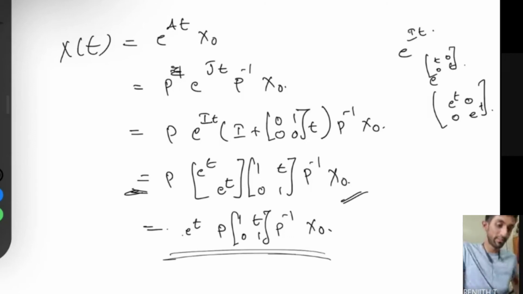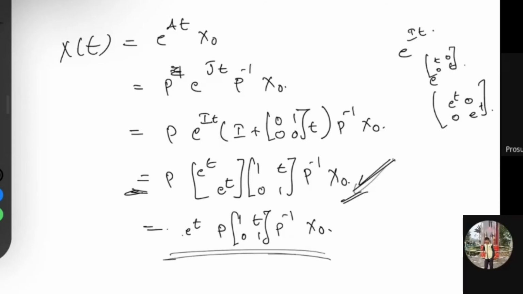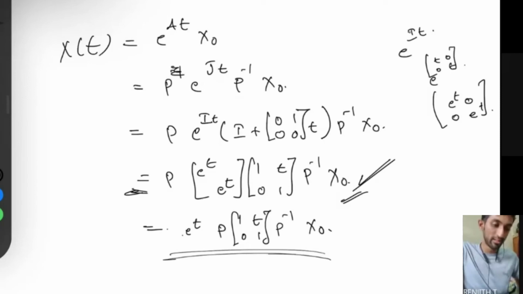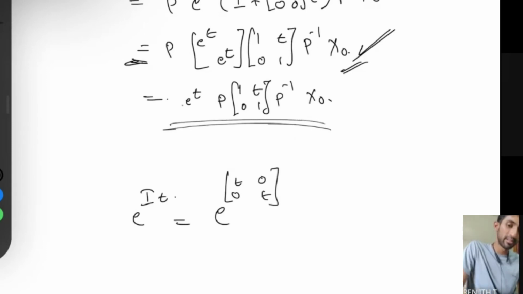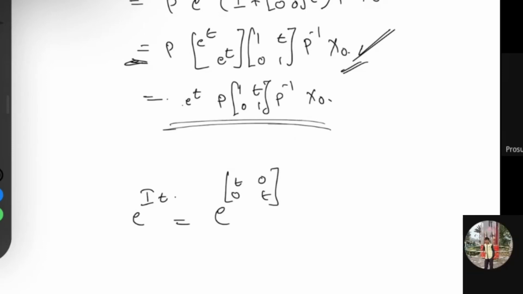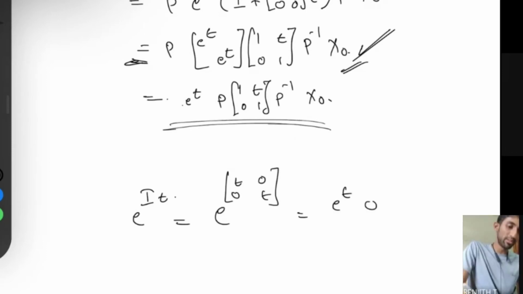I mean, in fourth term, in this step. Yes sir, e to the power 0 equals 1. So you are saying this one, right? E power it. What is e power it? E power t0 0t, right? Yes, this will be e power t 0 0 e power t.